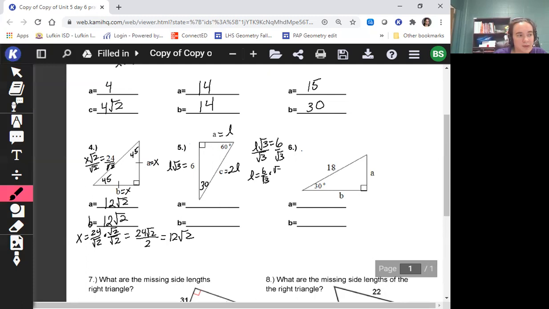So we're multiplying by the square root of 3 on numerator and denominator. And that gets us 6 square root of 3 over 3, because square root of 3 times square root of 3 is the square root of 9, and the square root of 9 is 3. And then 6 is divisible by 3, and 6 divided by 3 is 2, so we have 2 square root of 3 equaling L. And L was A, so A is 2 times the square root of 3.